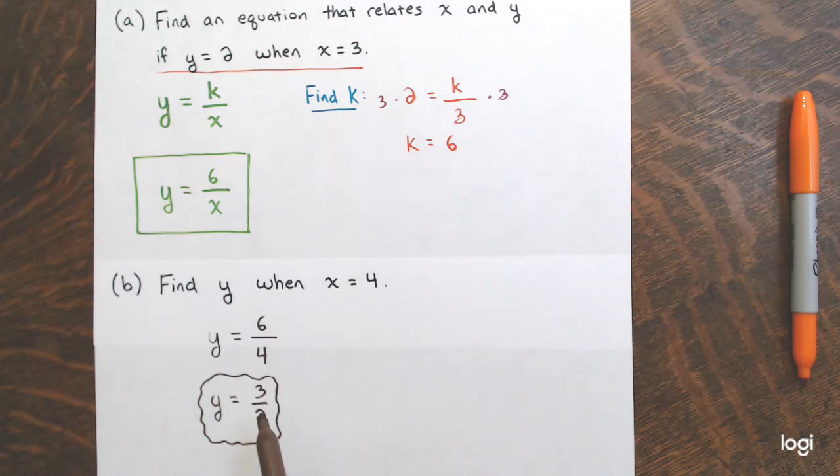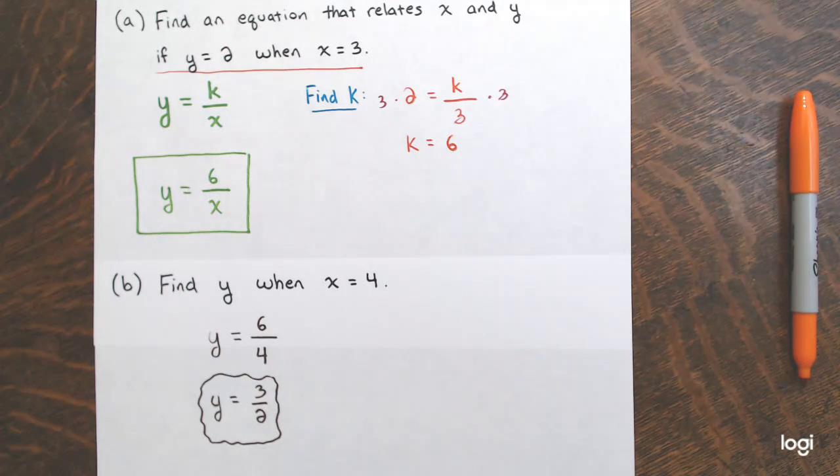Or write it as a mixed number, but I'm going to leave it like this. This is fine, and very simple. And this is like most problems: once your model, your equation showing the relationships between variables, is finished, most other questions that get asked are pretty simple to answer.